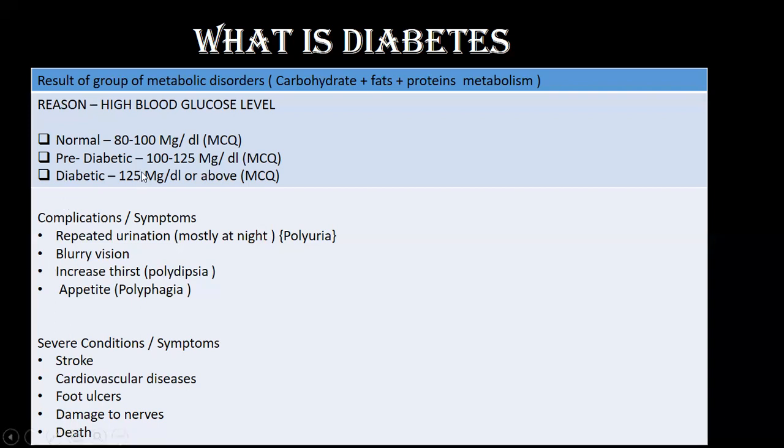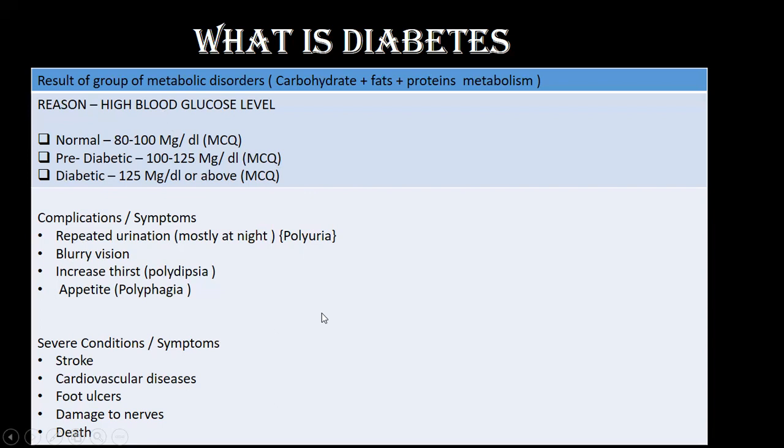The pre-diabetic phase is from 100 to 125 mg per dl, and the diabetic phase is when the person is at the last stage, above 125 mg per dl. So you get questions on these three values, which you have to memorize.